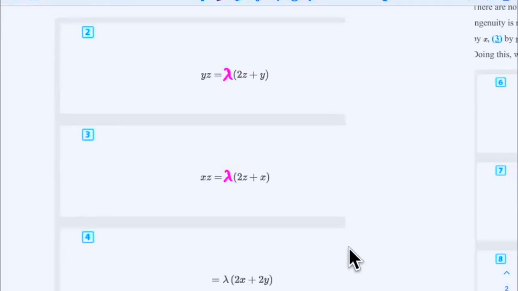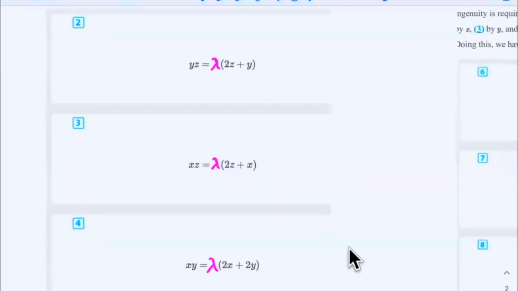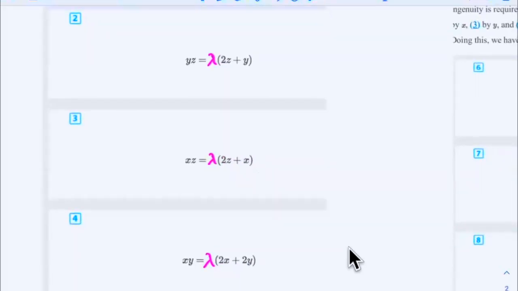This one is xy, so xy equals lambda times the partial derivative of g with respect to z, which is 2x plus 2y. So you have these three equations.